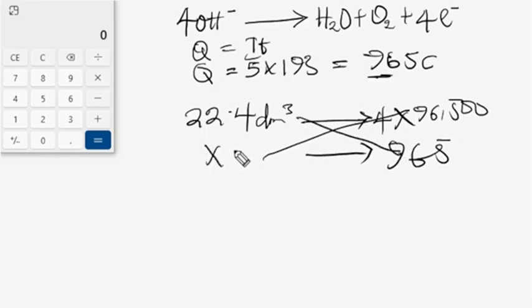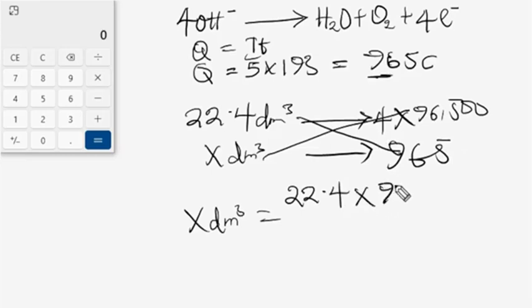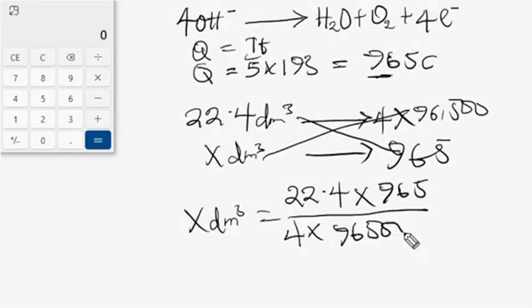Let's say this is x dm cube. When we cross multiply, x dm cube will be 22.4 dm cube times 965 coulombs, over 4 times 96,500 coulombs per mole.